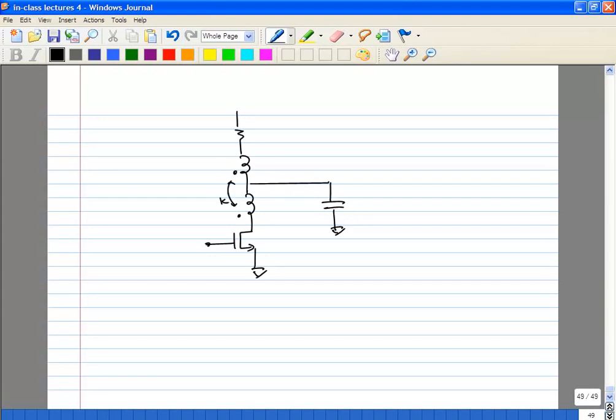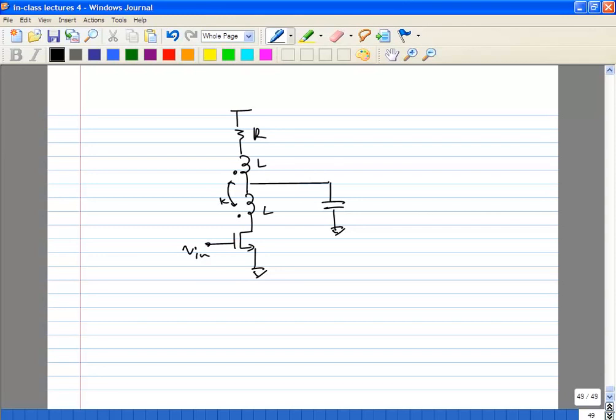You have some coupling factor K, and let's make them equal for now. So you can get something like this.